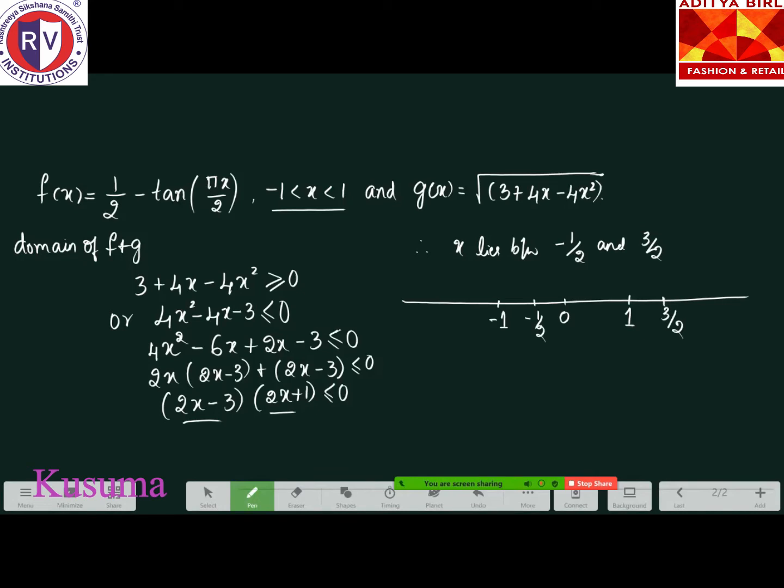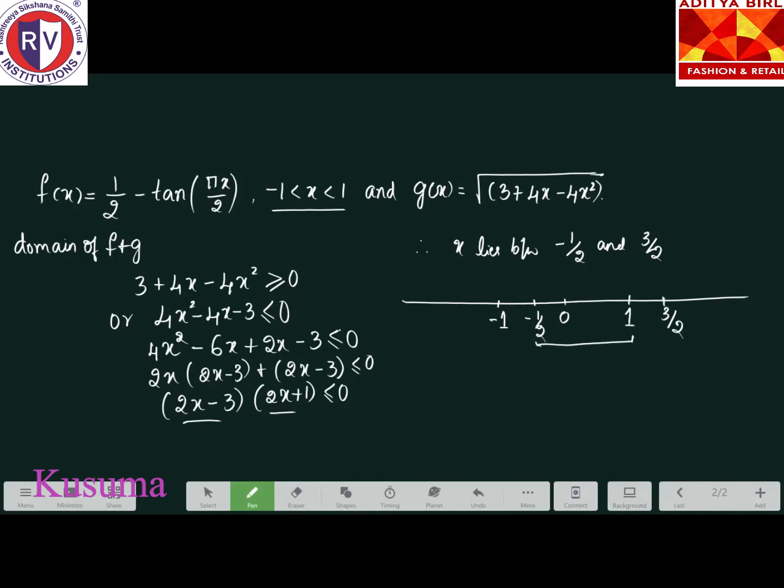Now, let us look for the common portion for both f and g. See here, this is the common portion, right? That is minus 1 by 2 to 1. But 1 is not a point in common because there is x less than 1 in f. So 1 is not a common point for both f and g.